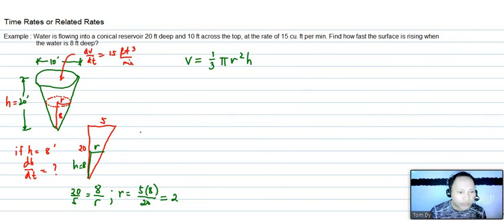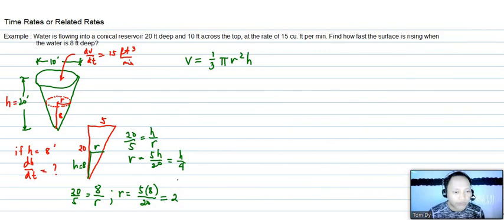So using h instead of 8, we have 20 over 5 equals h over r. So r is equivalent to 5h over 20, or h over 4. If h equals 8, 8 divided by 4 is 2. So we have r equals h over 4.